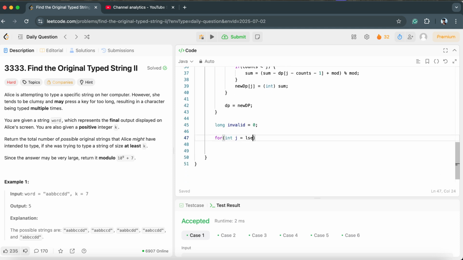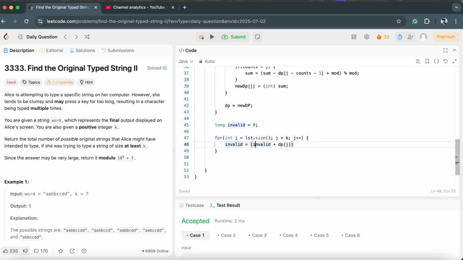So whatever the list.size we have, this should start running, and j should be less than k. j plus plus, we will simply add it into this invalid. invalid equals invalid plus dp of j. Let's add the mod as well.